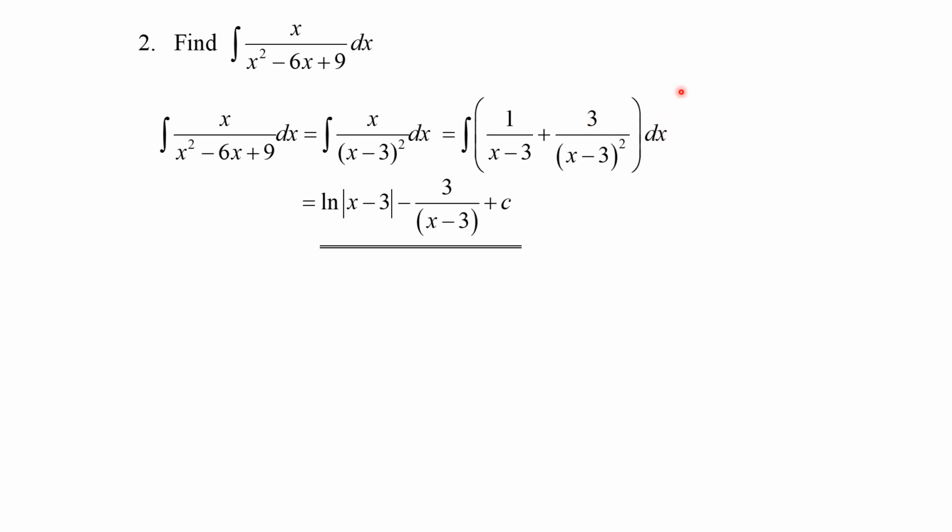Negative 2 plus 1 becomes (x minus 3) to the power of negative 1, so that's what went to the bottom. And you divide it by negative 1, so that's why the plus became a minus here. This is applying the (ax plus b) to the power of n formula. And plus c, of course, because it's an indefinite integral.